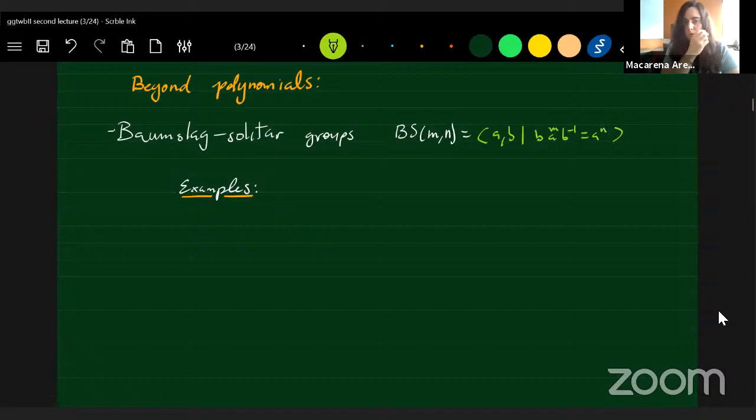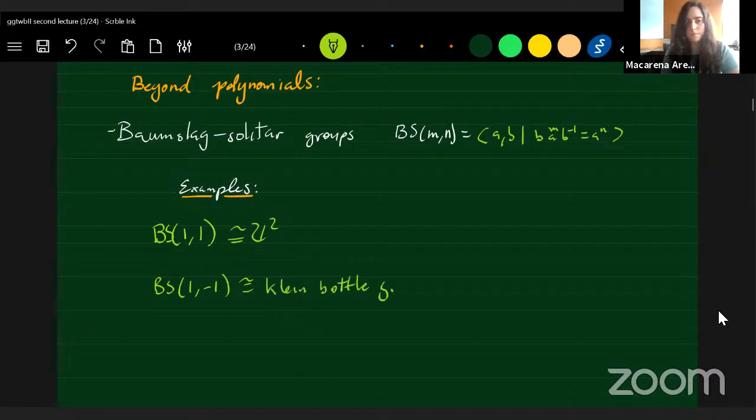So they are one-relator groups and they are HNN extensions of Z. Some examples are BS(1,1), which is just Z squared, and BS(1,-1), which is the fundamental group of the Klein bottle, so the Klein bottle group. So this one is the fundamental group of the torus, and this is the fundamental group of the Klein bottle.